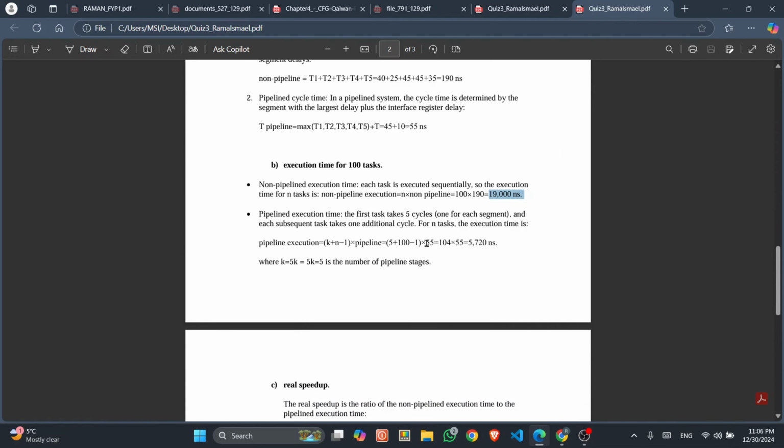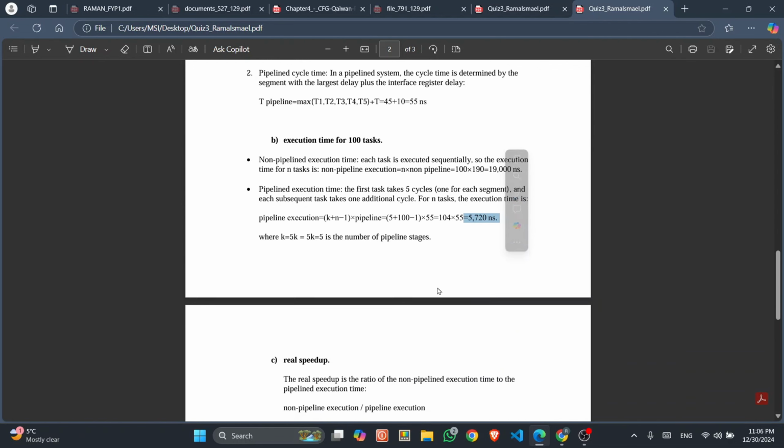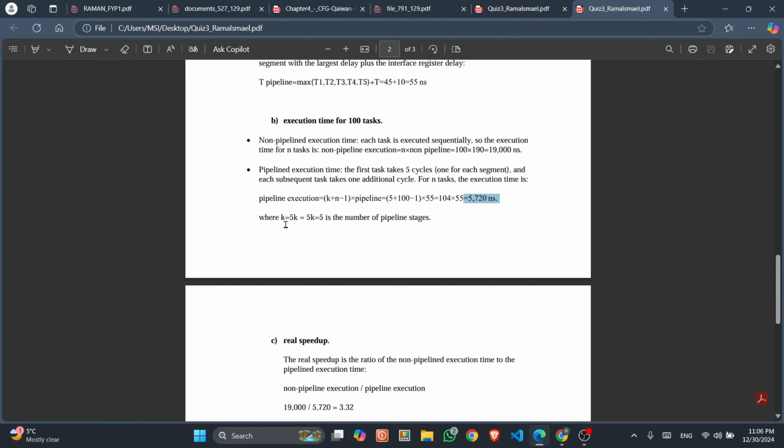In the pipeline, we take the number of tasks and multiply it by the pipeline cycle time we have found here, and it would be 5,720 nanoseconds. This also depends on the number of stages that the pipeline has.